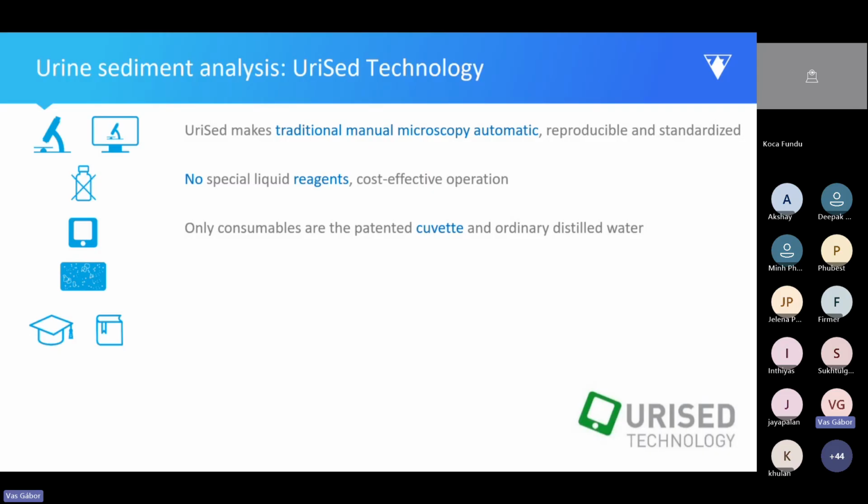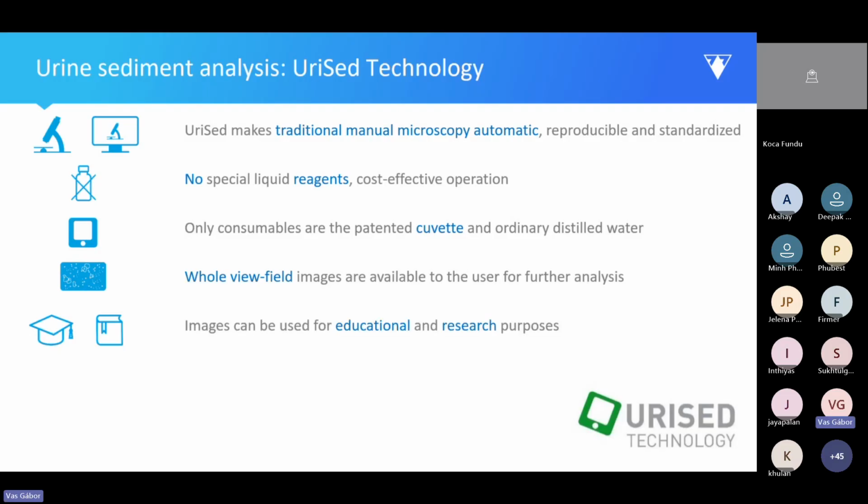So you wouldn't need ultra-filtered distilled water that you would use for a biochemical instrument, just distilled water. It will provide you whole view field images that are available to the user for further analysis. And these images can be used for educational or research purposes as well.